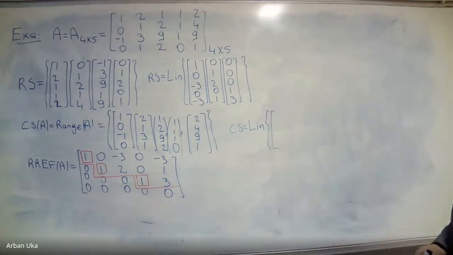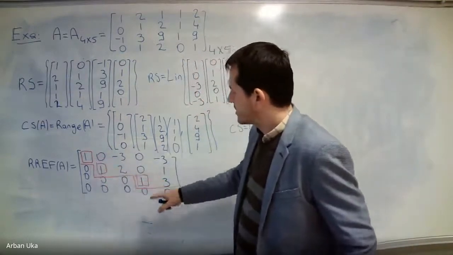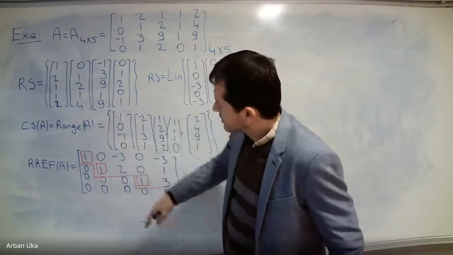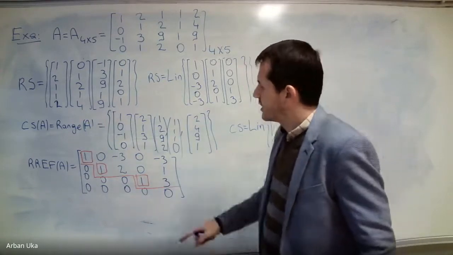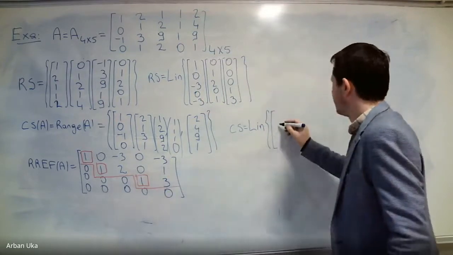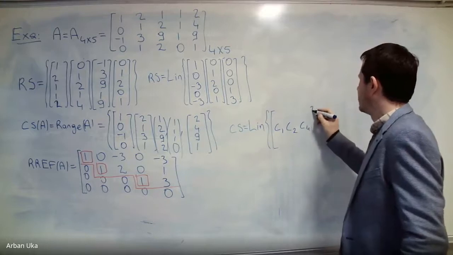Now let's write down the column space. The column space is going to be equal to the columns where we have the leading ones. Because this column does not have a leading one, we're going to pick column 1, column 2, and column 4: C1, C2, and C4.